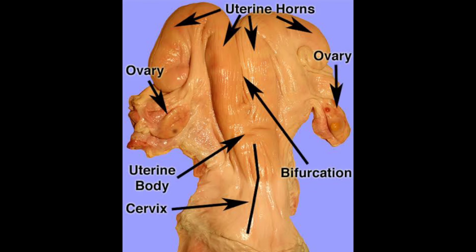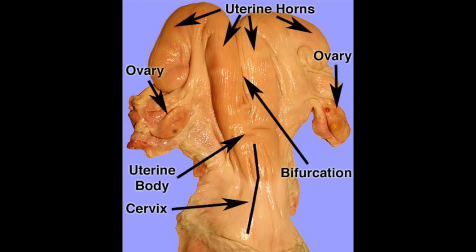The ovary, or the female gonad, is responsible for two basic functions: the production of the female gamete, the egg or ovum, and the production of the primary reproductive hormones, estrogen and progesterone. A cow has bean-shaped ovaries located within the abdominal cavity.